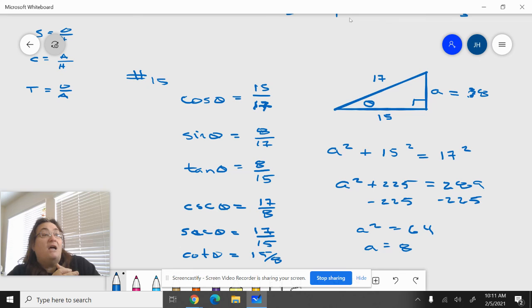If it gave you sine, you knew it was giving you the opposite and the hypotenuse, and you'd have to find the adjacent. And then once you find that missing one using the Pythagorean theorem, you can figure out all of the remaining values for those trigonometric functions.